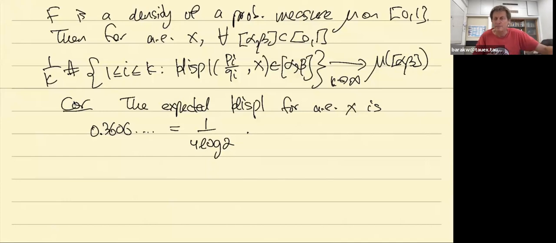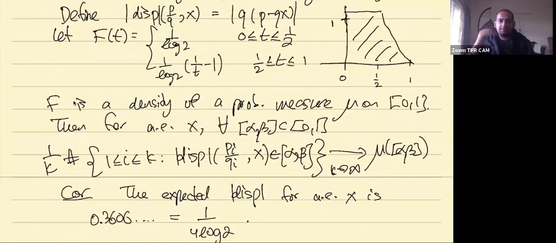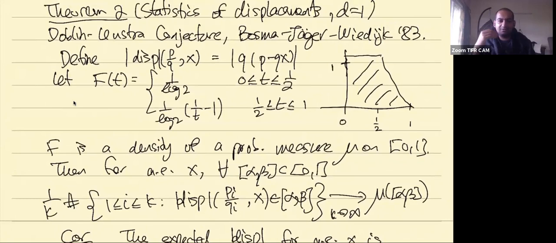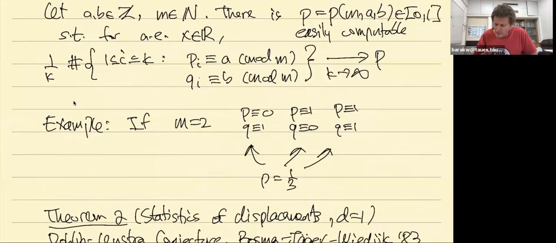So, Barak, can I ask a question? Your first theorem is about how P and Q are distributed modulo M. How does it depend on M, A, and B? Is there anything about that? So I tried to hint at this in this example.